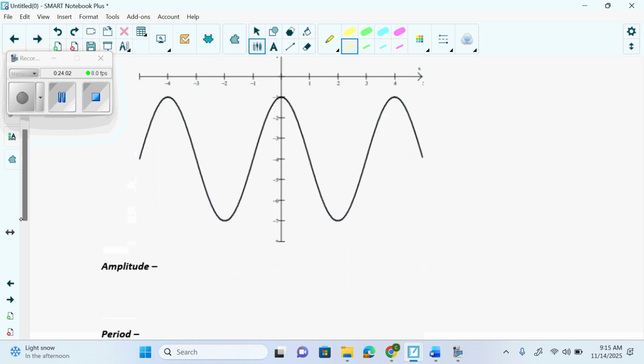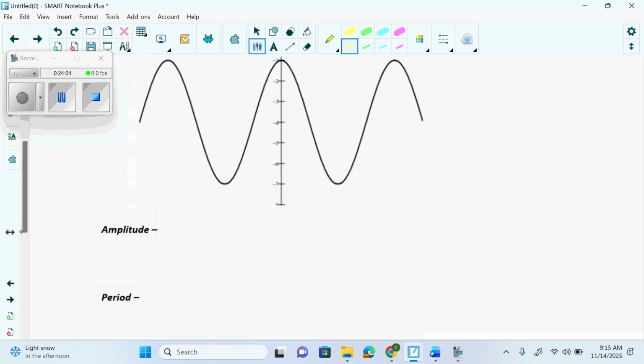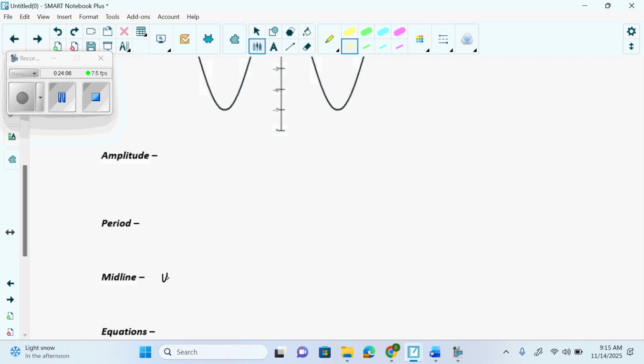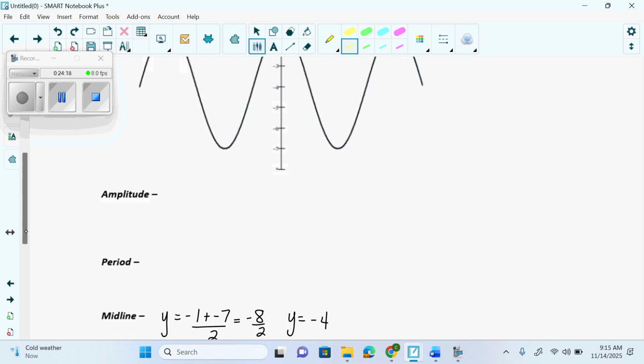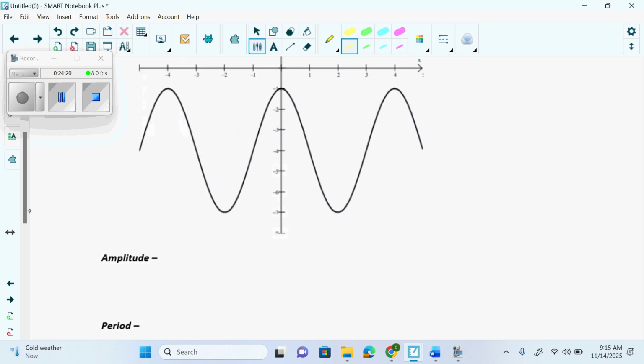This one, we're going to have negative 1 and negative 7. So y equals negative 1 plus negative 7 divided by 2, which is negative 8 divided by 2. So y equals negative 4 is my midline. It should be right if, when I draw the negative 4, it's the same amplitude up as down.